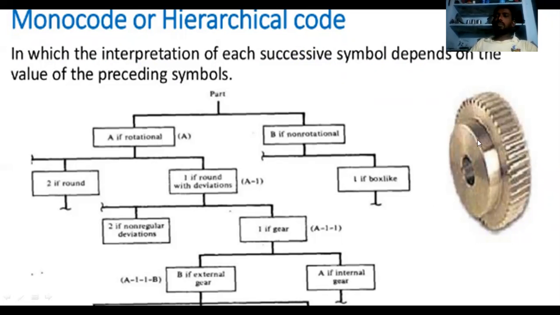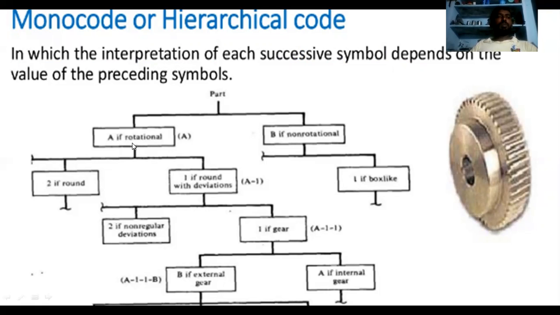We want to manufacture this part, so we give symbols. For example, A and B: A if it is rotational, B if it is non-rotational. If this part is rotational, we go for A; if it is not rotational, we go for B.